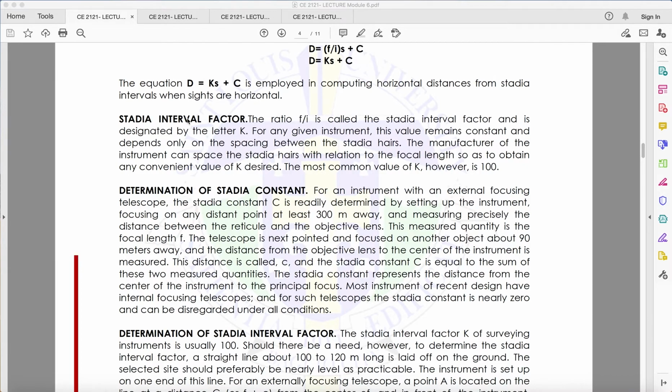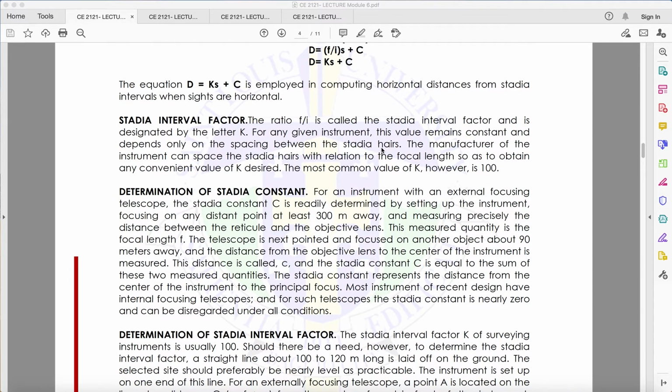The ratio F over I is called the stadia interval factor and is designated by the letter K. For any given instrument, this value remains constant and depends only on the spacing between the stadia hairs. So if you have only one instrument, then your stadia interval factor is constant.